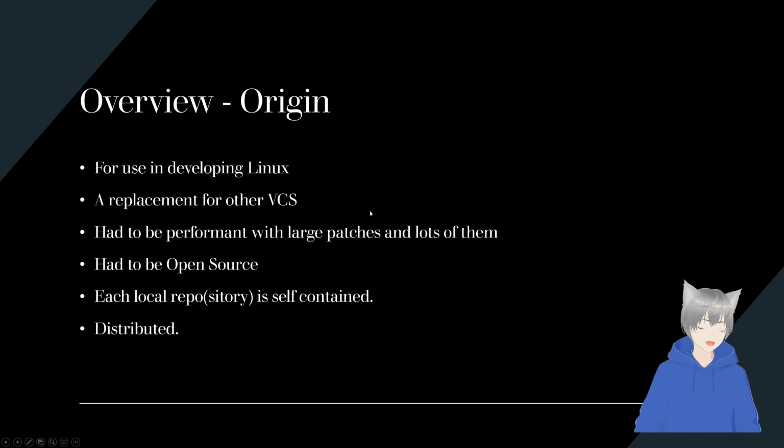So, Git was developed because of Linux, the operating system. When you have hundreds of thousands of people working on one single project, you have to have a way to organize it. They were using another version control system before that.